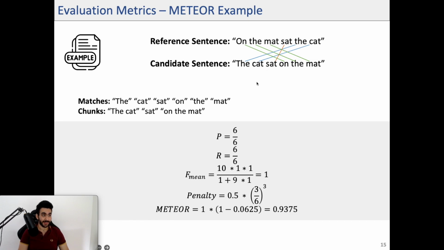So in that case, our chunks are 3 over M again, which is going to be 3 over 6. Calculating the penalty then is going to actually be 0.5 times 3 over 6 to the power of 3. And then the METEOR is going to be calculated by 10PR over R plus 9P times 1 minus the penalty term.